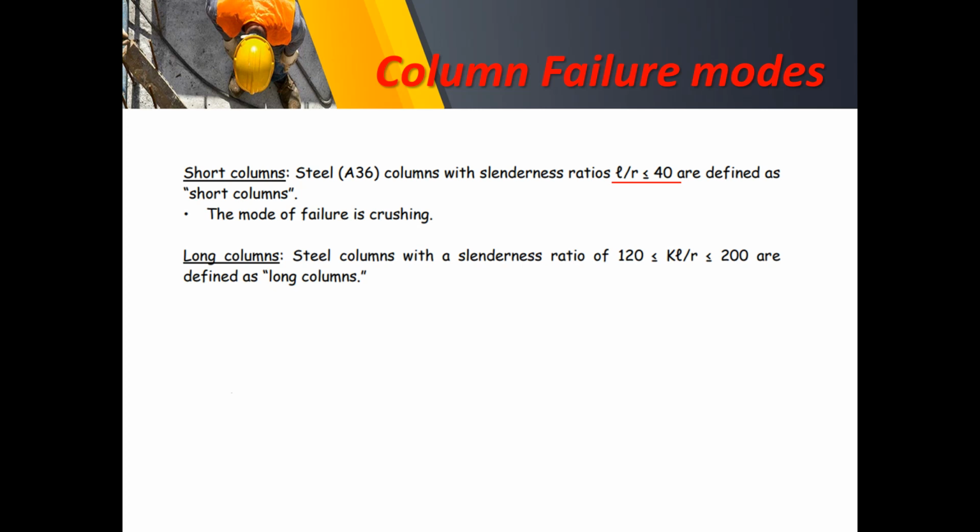Long columns: the range of the slenderness ratio is from 120 to 200. The mode of failure here is buckling.